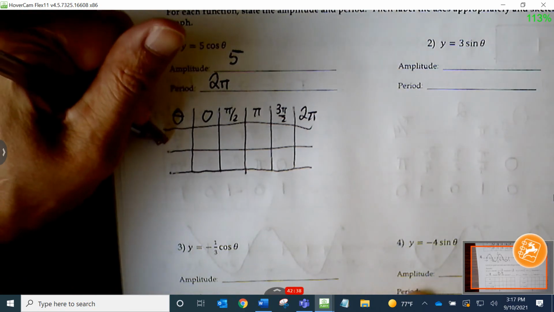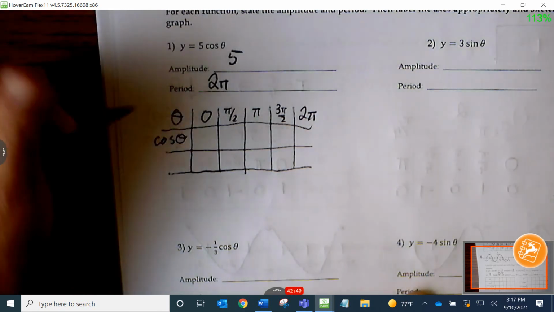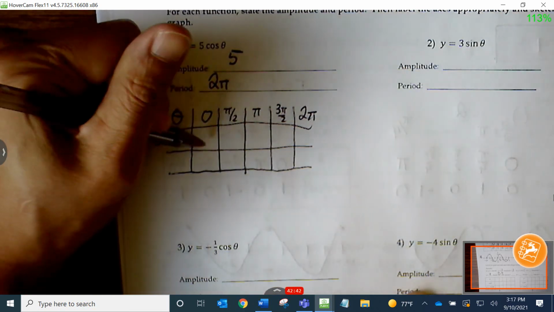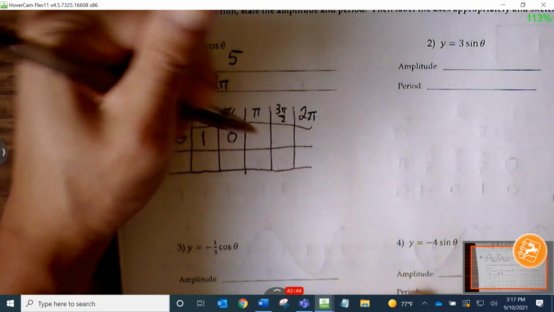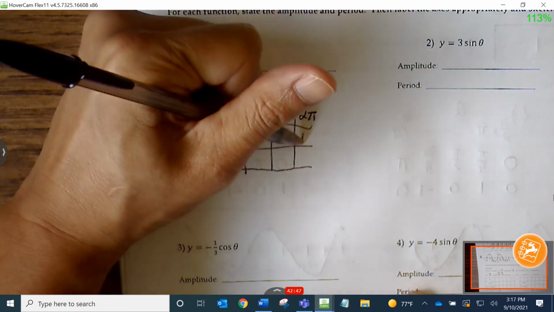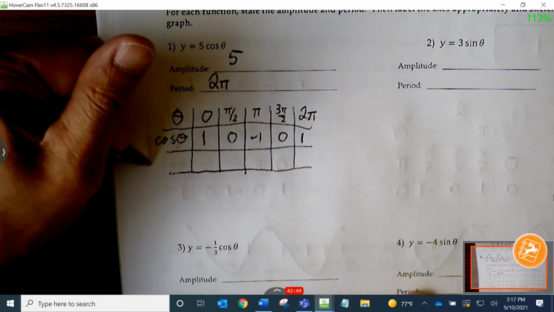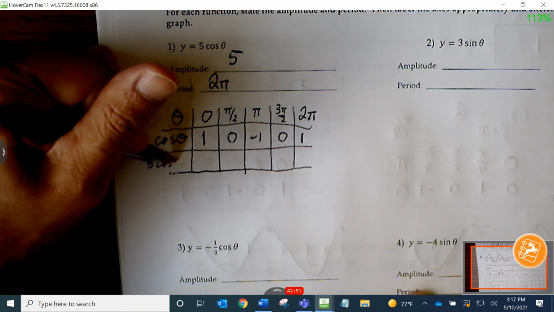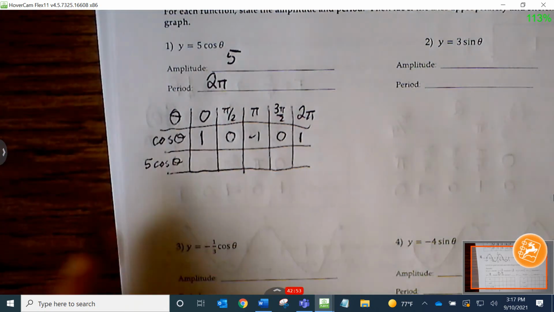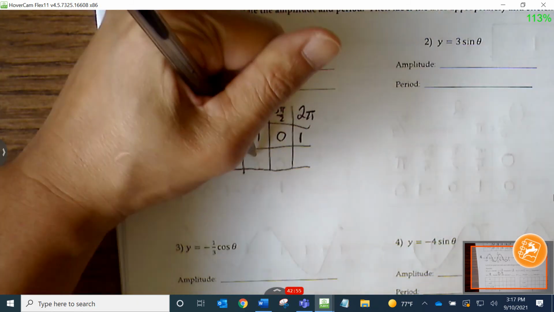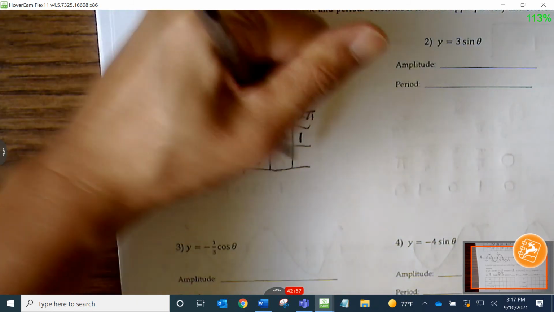I'm going to start off with cosine theta. I know cosine is going to start at 1. And now I'll bring in the 5. Okay, multiply everything by 5. It's only going to affect the 1 and -1. The zeros will stay 0.